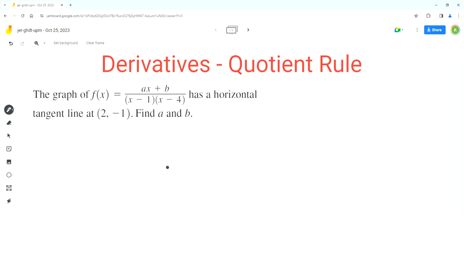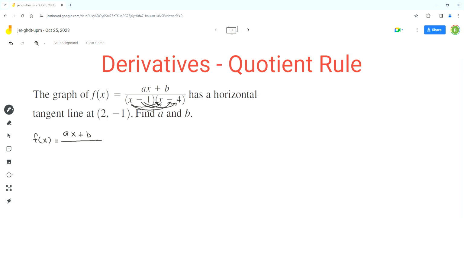So the first step is to rewrite this function and distribute the terms in the denominator. We get ax plus b in the numerator, so that stays the same, and in the denominator we use the FOIL method. So we multiply x by x, and x by negative 4, then negative 1 by x, and then negative 1 by negative 4.